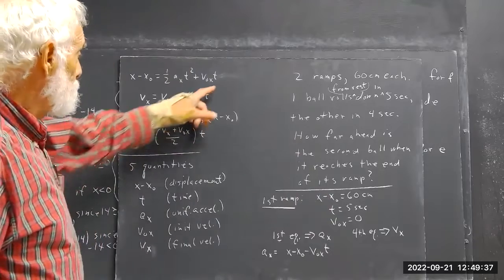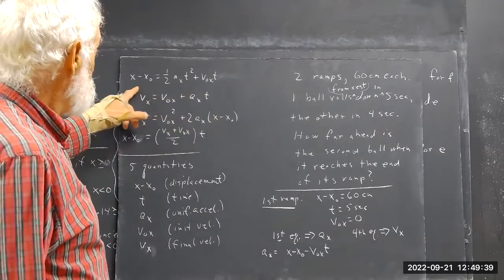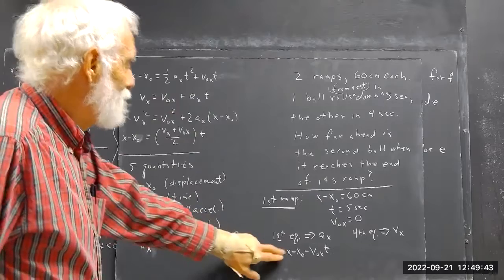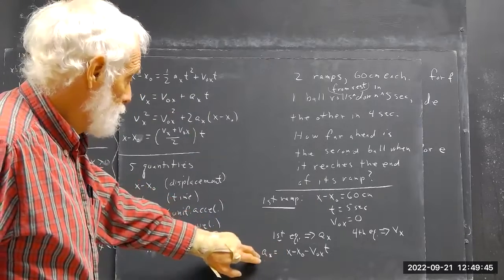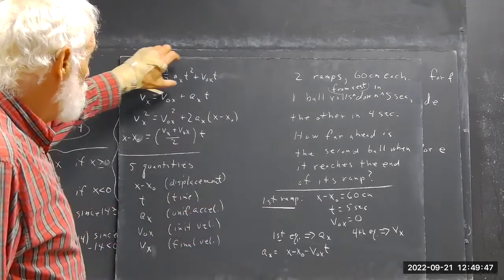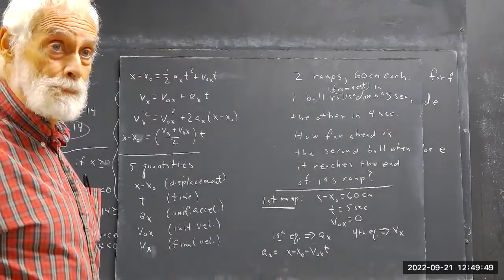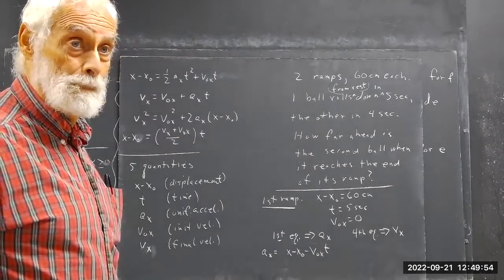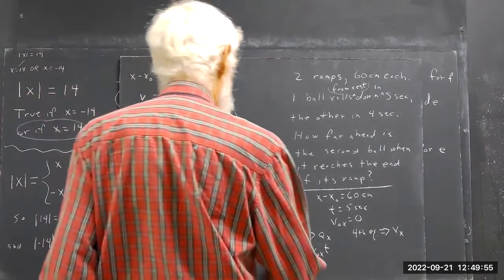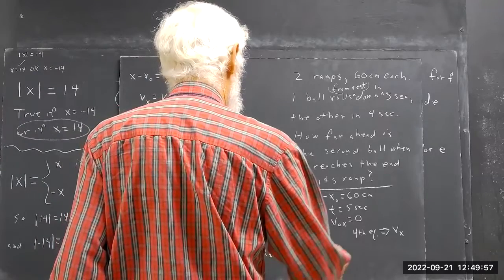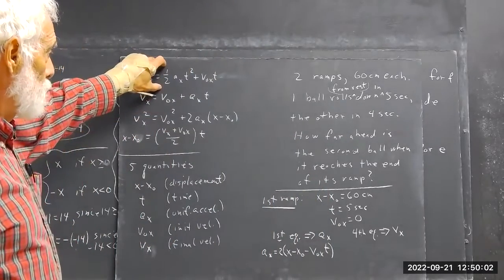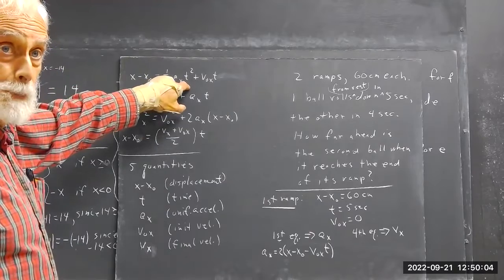So when we subtract V naught x t from both sides, we get this. Now that doesn't quite give us a x, that gives us 1/2 a x t squared. And if we multiply by 2, then we get rid of that 1/2, but then we've got to divide by t squared, right?